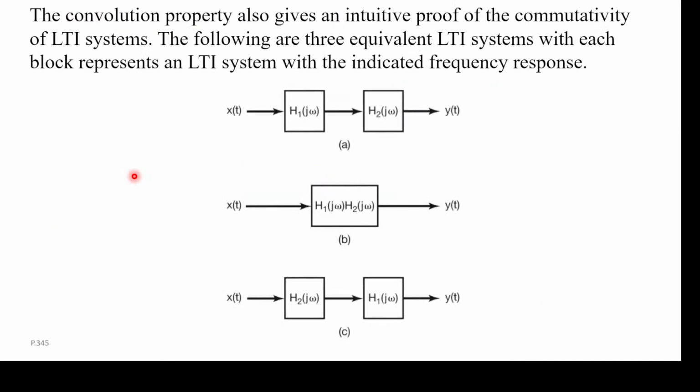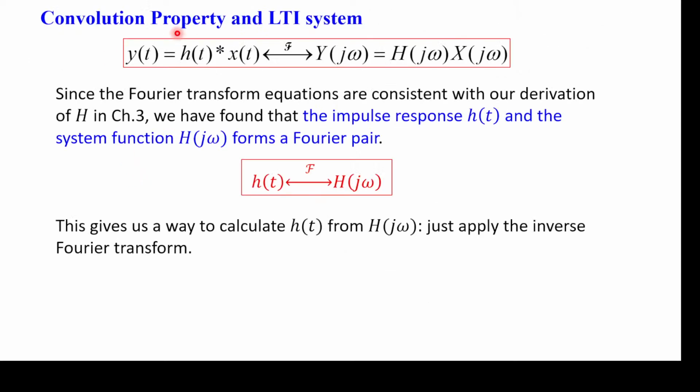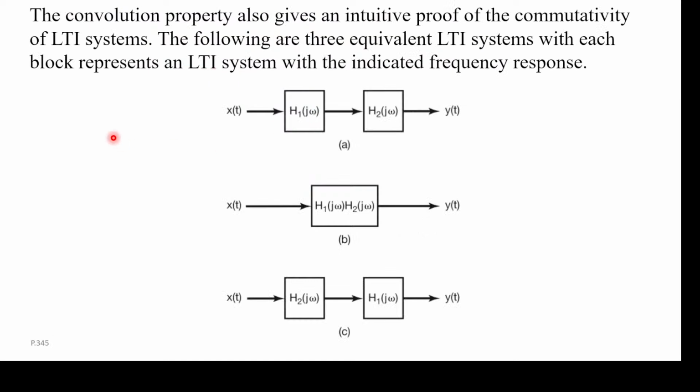So something interesting. Before we said that the convolution is commutative, so if you apply two systems in different orders, it's the same thing. We can also see this in the frequency domain easily. So let's say we try to apply systems. We now write the block diagram in the frequency domain.